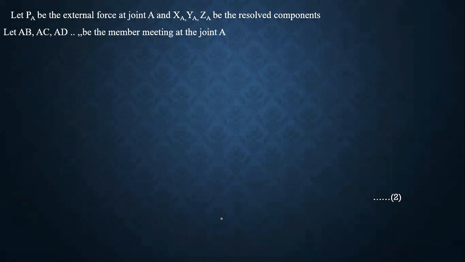Let AB, AC, AD be the members meeting at joint A. Suppose there are three members AC, AB, AD all jointed at point A. We all know that if any member is in equilibrium, the sum of all the resolved forces should be zero. The same principle we use here.